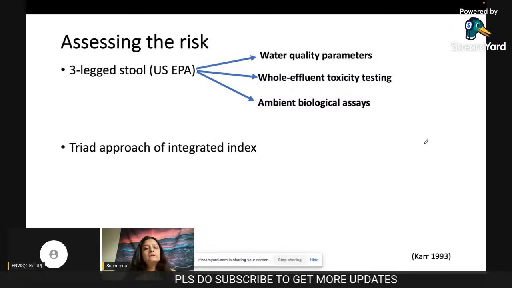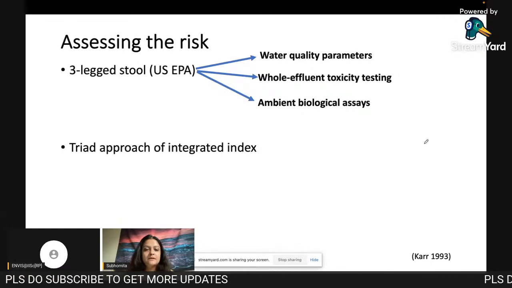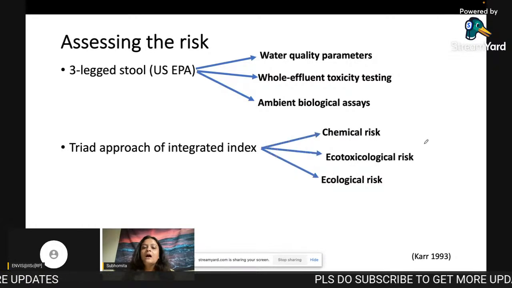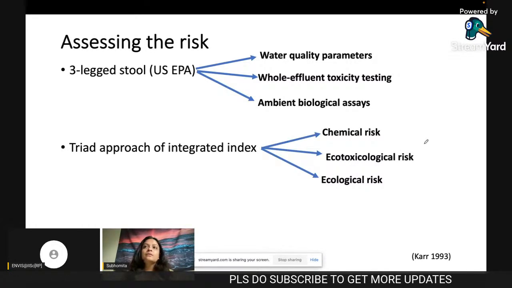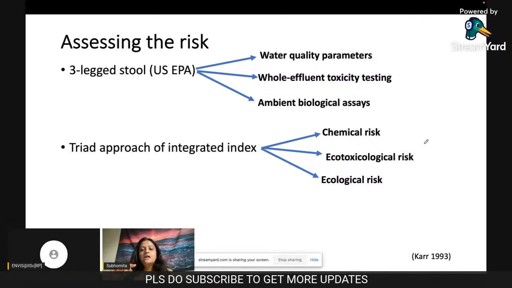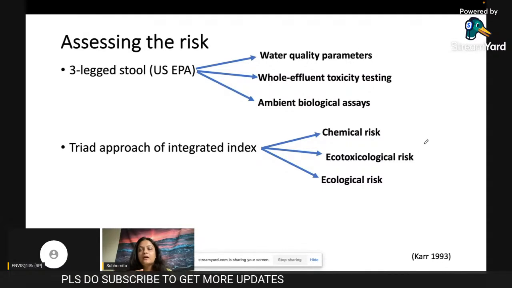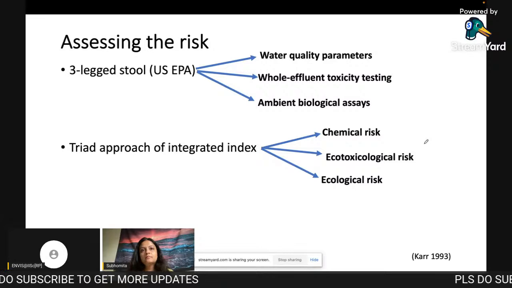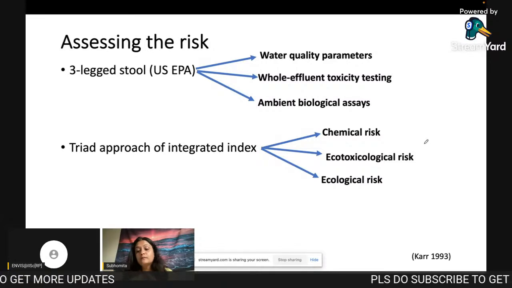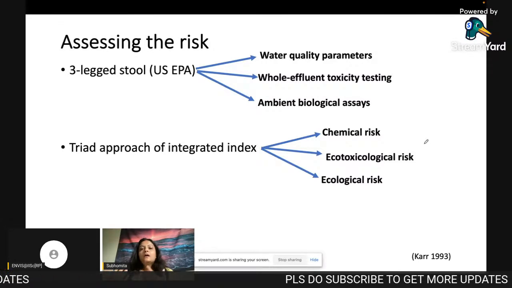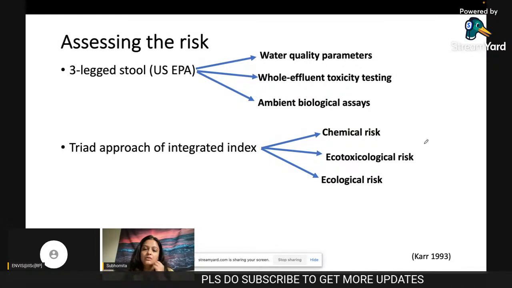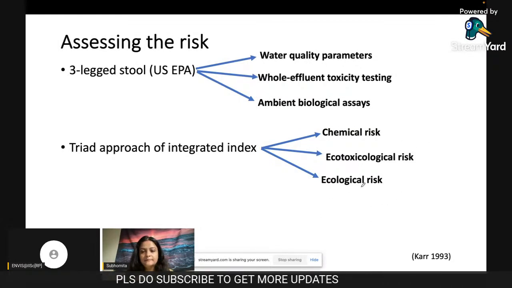So there was another approach that was taken, and this is a widely, globally accepted way of assessing risk. In this case, we would measure chemical risk, ecotoxicological risk, like how the toxicity is being generated in the ecosystem itself, and then what is the ecosystem status, what is the health of the ecosystem. That's called the ecological risk.